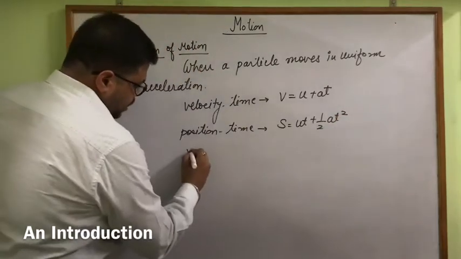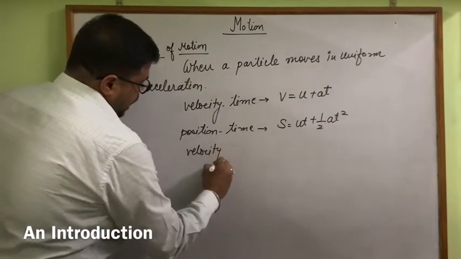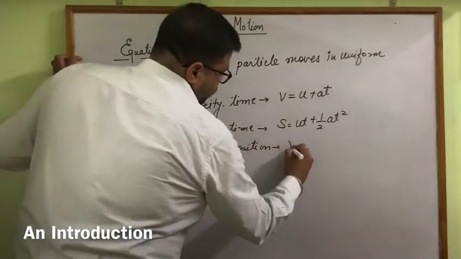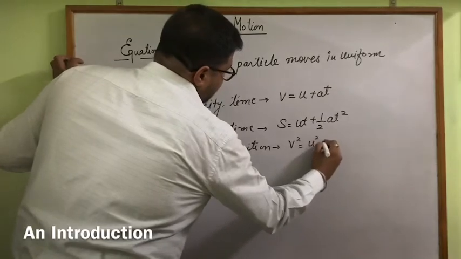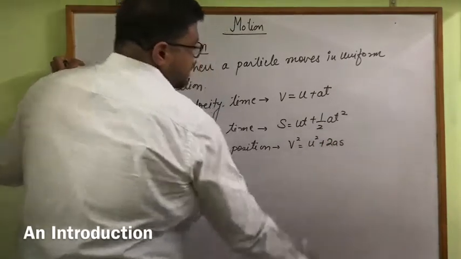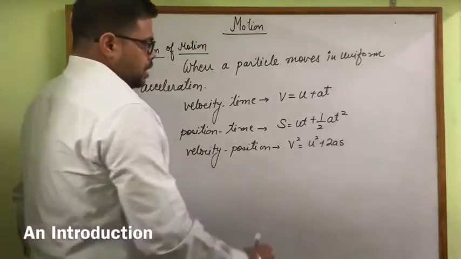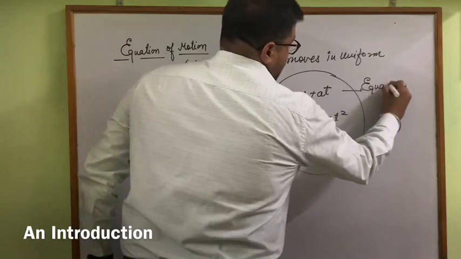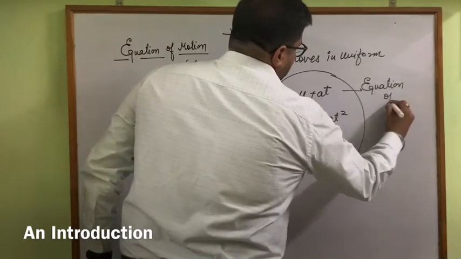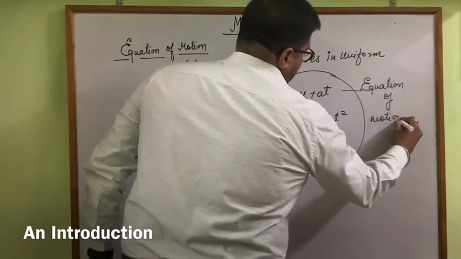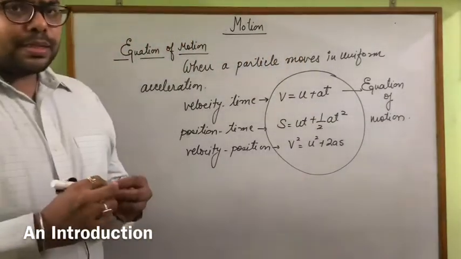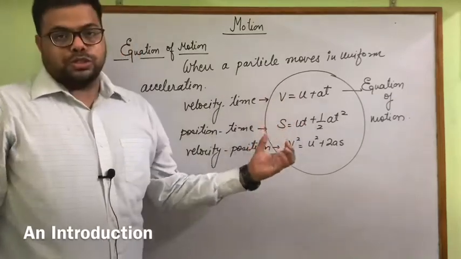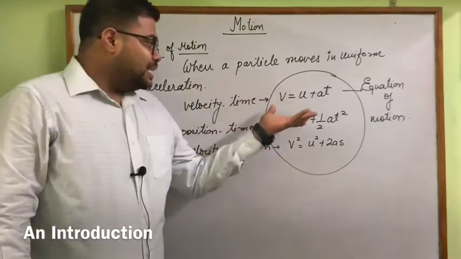And then last, the velocity and position relation is known as v square equals u square plus 2as, and all these three equations are known as the equations of motion.